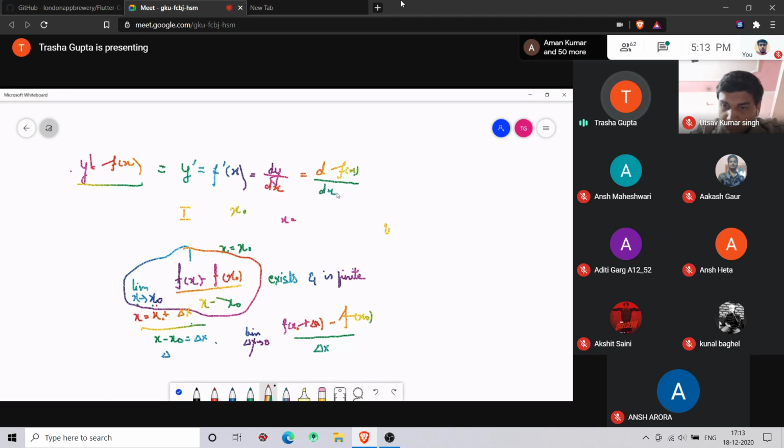So this is the common notation that we use. And one more notation that we can use is capital D f of x. Okay?